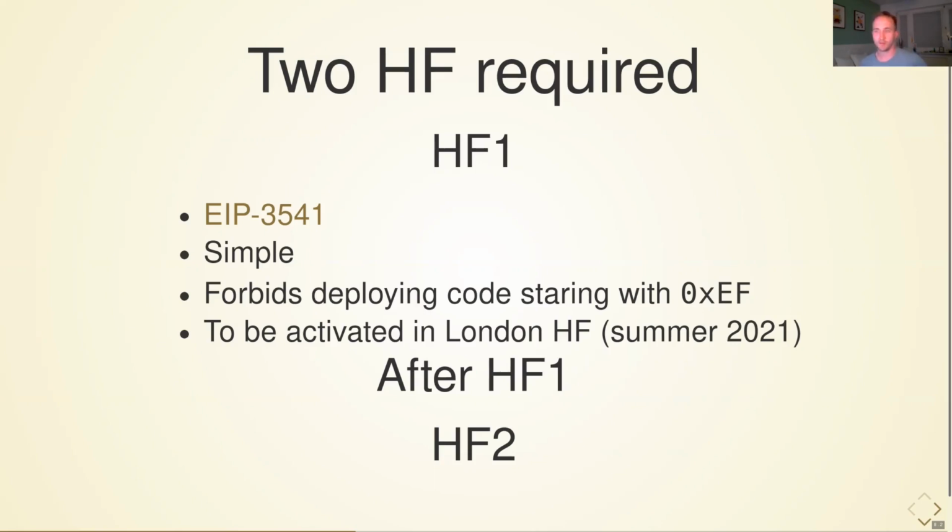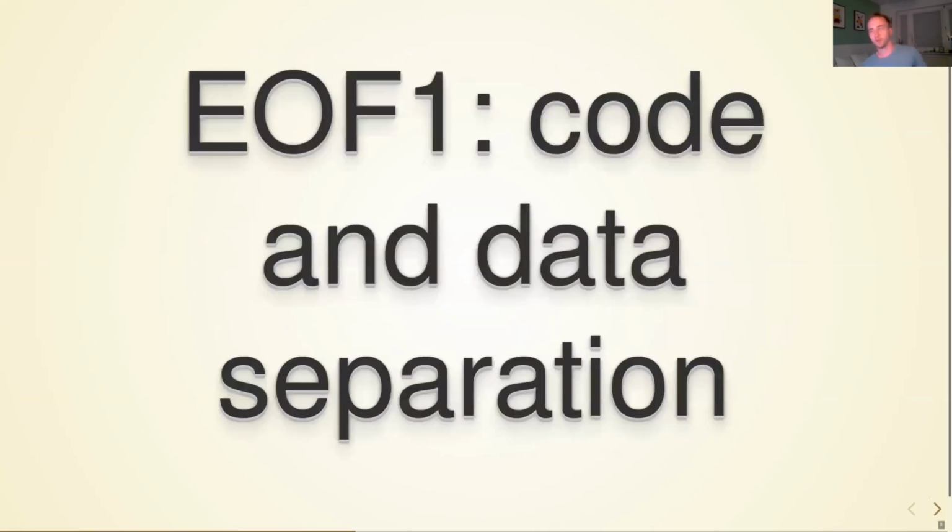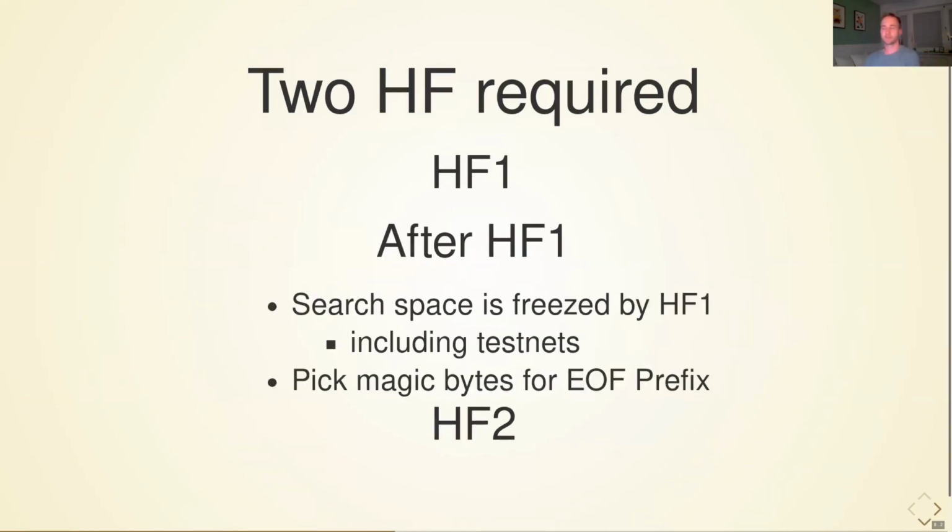However, there might be some bytecode starting with EF already at the moment London forks. What we're going to do after the London hard fork is analyze all the bytecodes that are on the chain, and probably also inspect all of the testnets that are important to us.